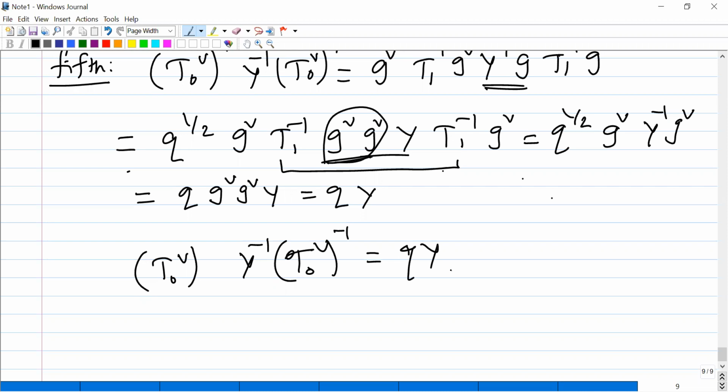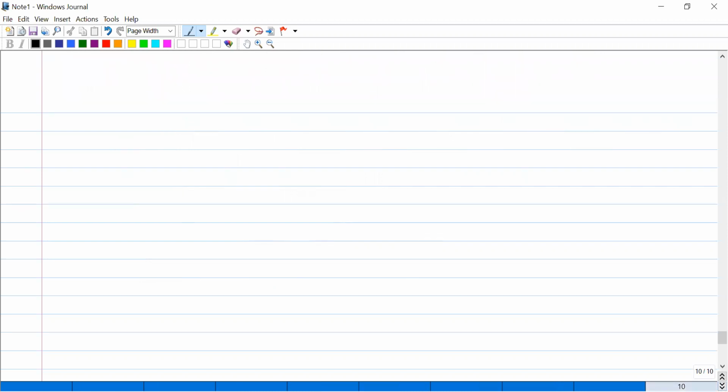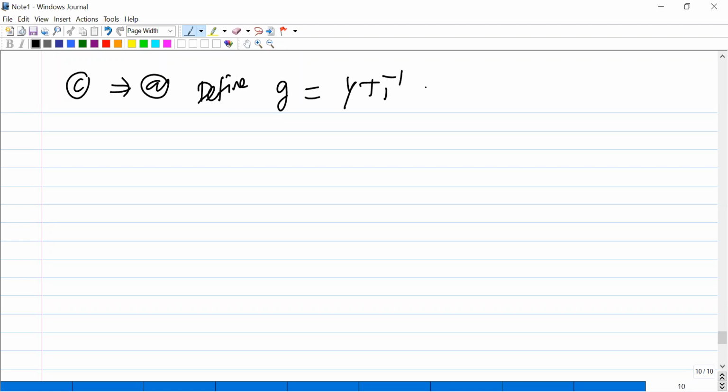Now to verify the other relations, going from C to A, we assume all the relations in C, and then we verify the relations in A. For that, we have to say what is G and T naught. Define G to be Y T1 inverse and T naught to be Y square T1 inverse.